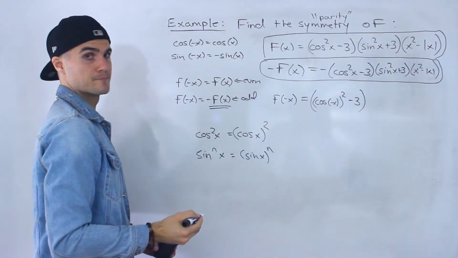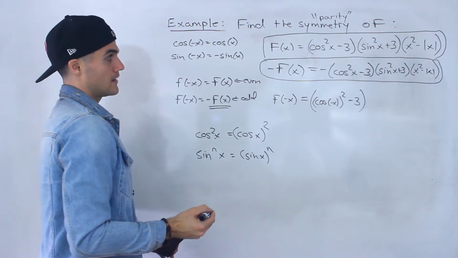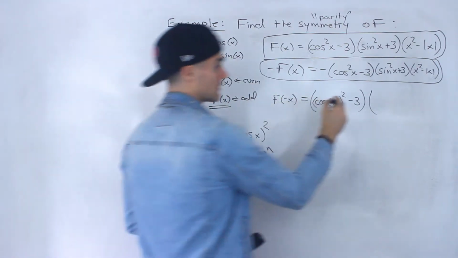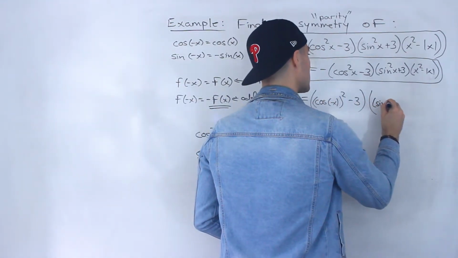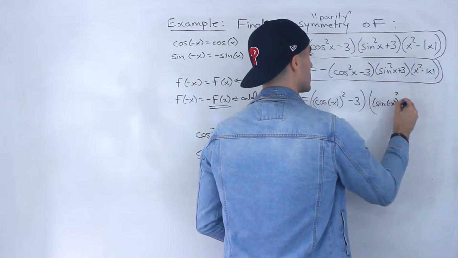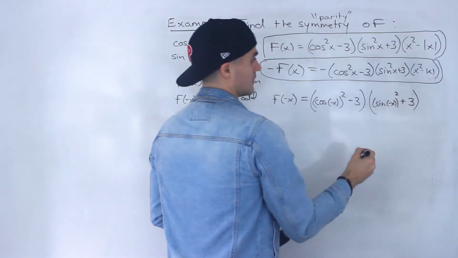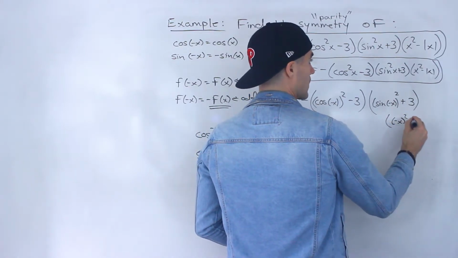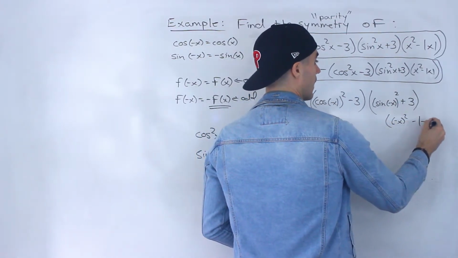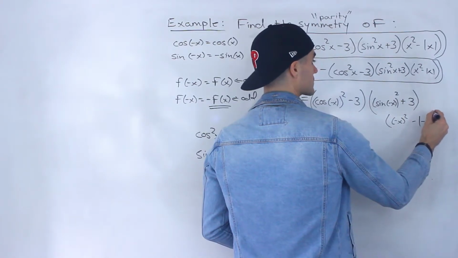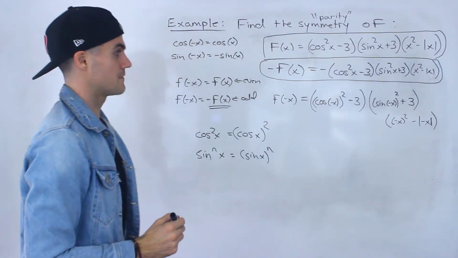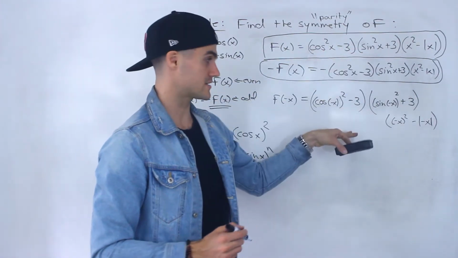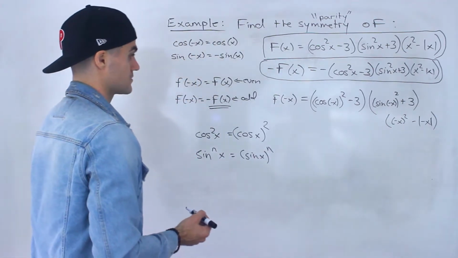And then this sine squared x, if I plug in negative x for the x value, that's going to be sine of negative x, squared, plus 3. And then this remaining bracket, I'll write it over here. We'll have negative x squared minus the absolute value of negative x, like that. Right, so I just took this function and plugged in negative x for all of the x values.